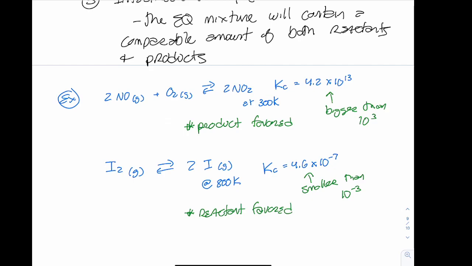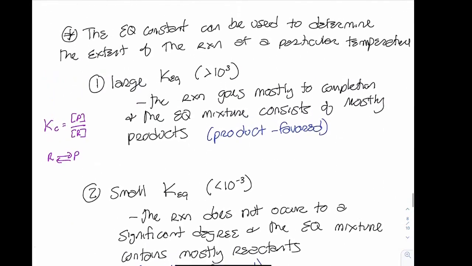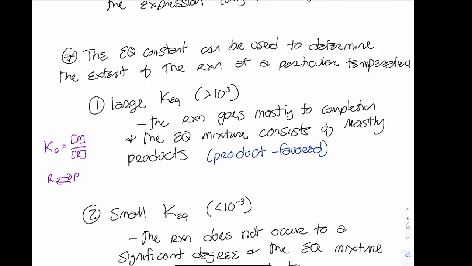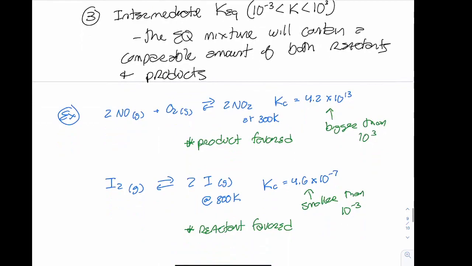The other way to say this, because we said at the top, kind of our first sentence here, it's used to determine the extent of the reaction, right? This one almost goes to completion. It's product favored, so thinking that we're starting here and going here, even though we can establish equilibrium with anything, this is the perspective we're looking at it from. It's mostly in this direction because we're favoring products.